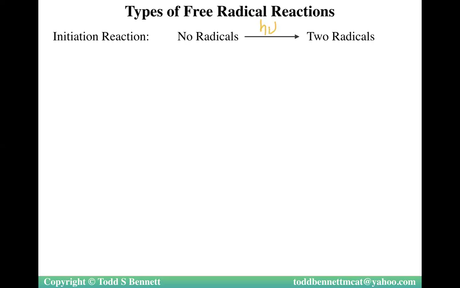There's a few different types, as I alluded to. So the first of which, initiation reaction, and you can classify it the following way. Initiating is getting something started. It's where you go from no free radicals to two free radicals, and you can almost always assume it is initiated by light.